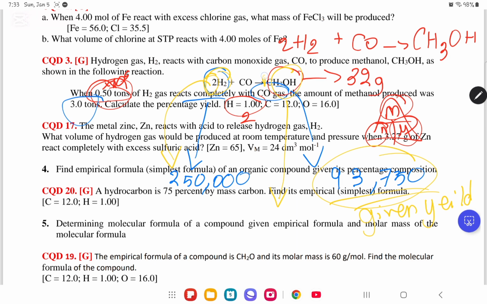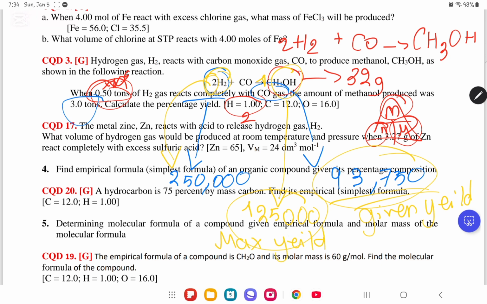What about 1 CH3OH? In other terms, 2 moles became 250,000 moles. How much will 1 mole become? Very simply, by cross multiplication, it becomes 250,000 divided by 2, which gives us 125,000.